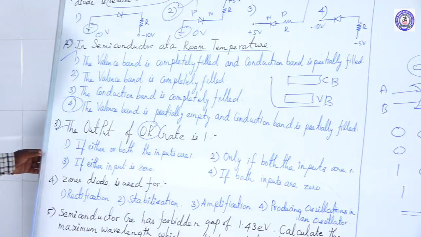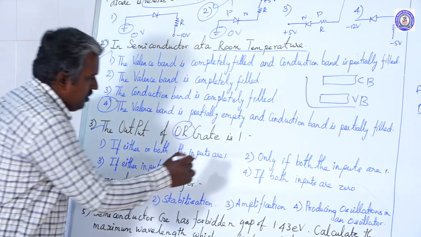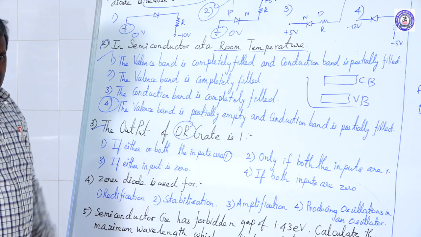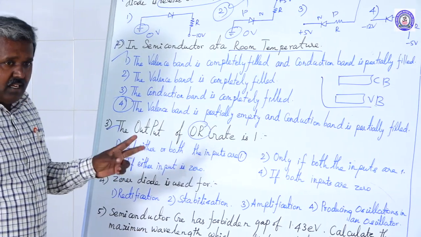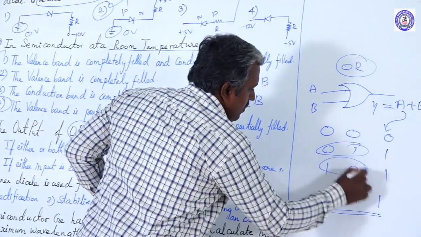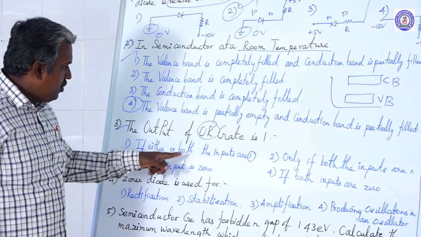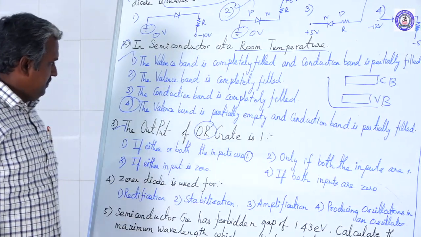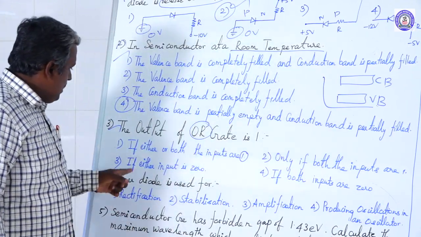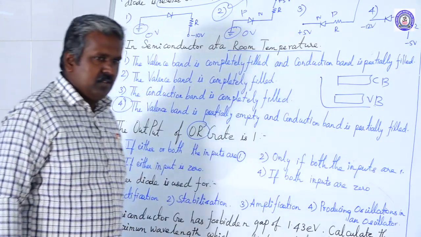So which option is correct? If either or both inputs are 1, only if both inputs are 1, if either input is 0, if both inputs are 0.